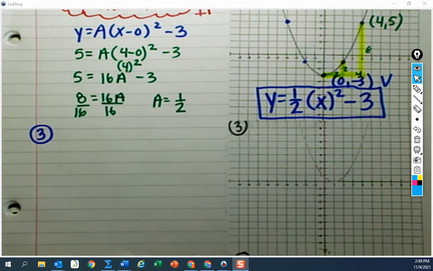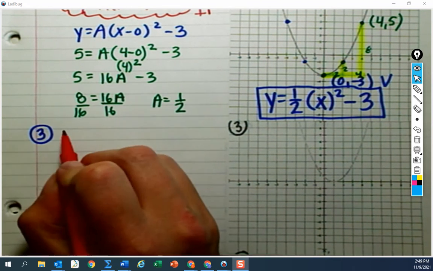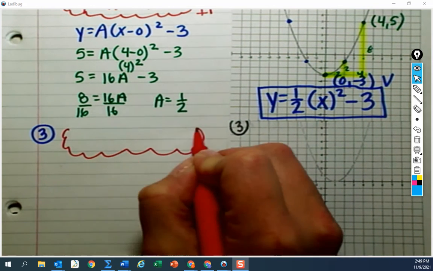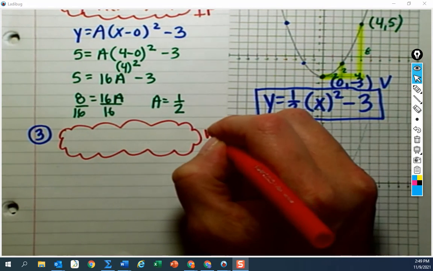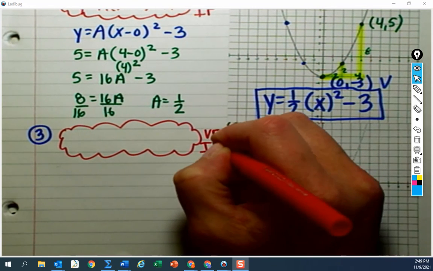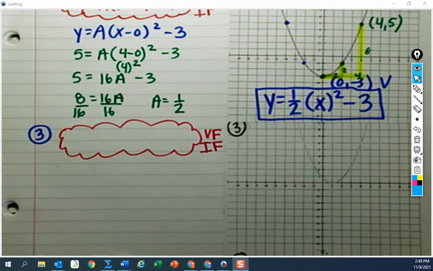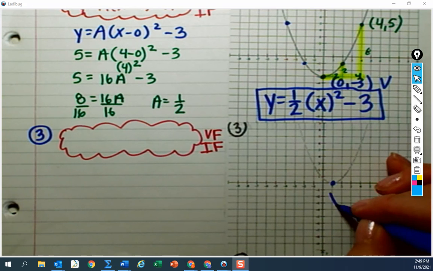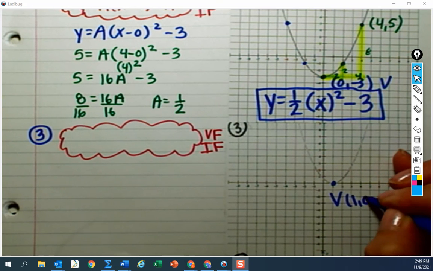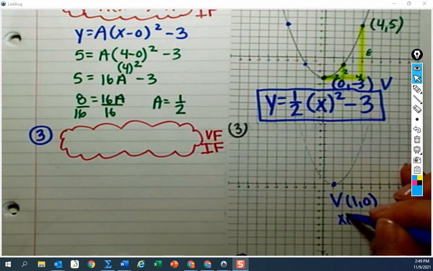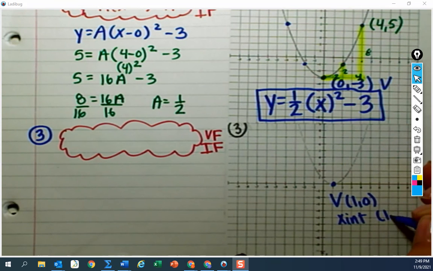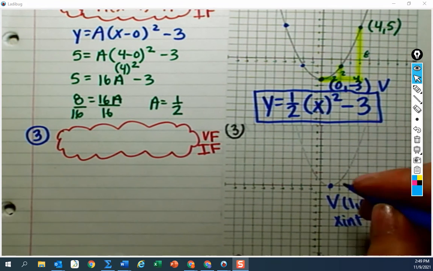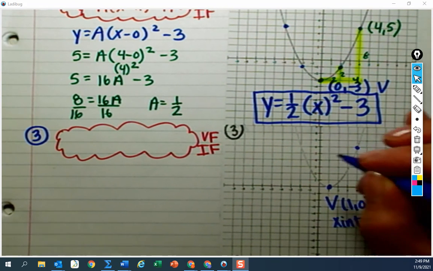All right. Little thinking bubble. What am I going to do? Vertex form, intercept form. Vertex is 1, 0. Happens to also be an x-intercept, okay?